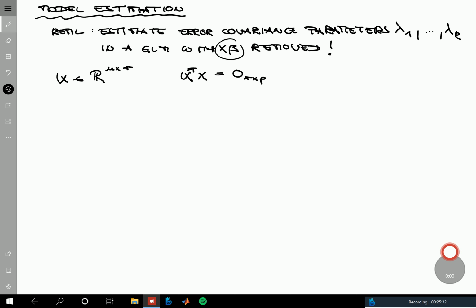So we assume, somewhat like last week, that we can find a matrix K that, when multiplied with the design matrix, yields the zero matrix. How we find this matrix K we don't discuss now, because it will turn out in the very end, when we discuss the Fisher scoring algorithm, that we actually don't need to specify this matrix K. The estimators that we will come up with for the lambda parameters will not depend on the matrix K.